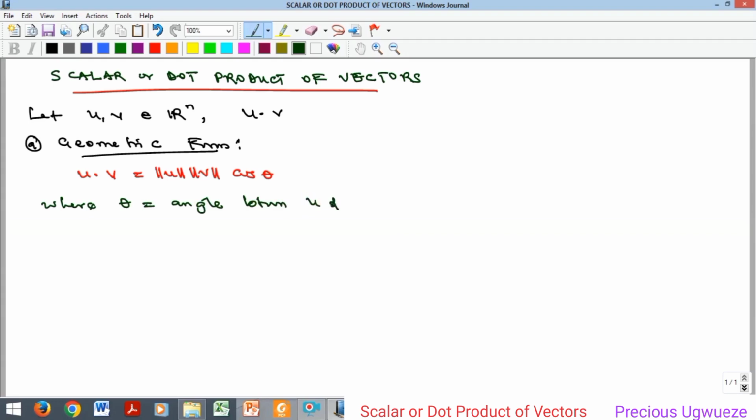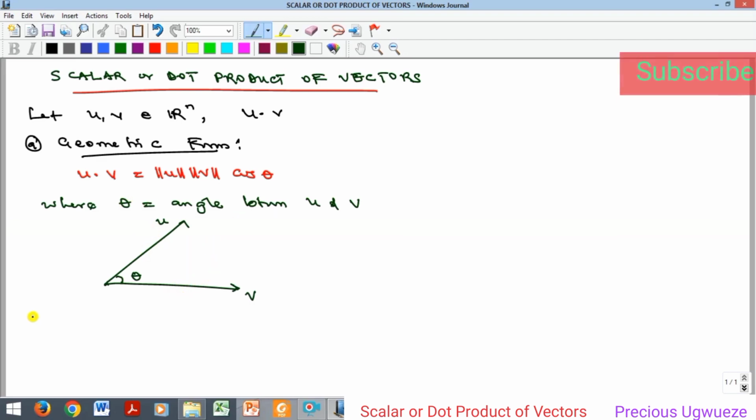If we have vectors coming from a point, meaning these two vectors have to be co-initial vectors, you remember what we defined as co-initial vectors. So if there is an angle theta between these two vectors, the dot product will just be the magnitude of v multiplied by the magnitude of u, then cos theta.